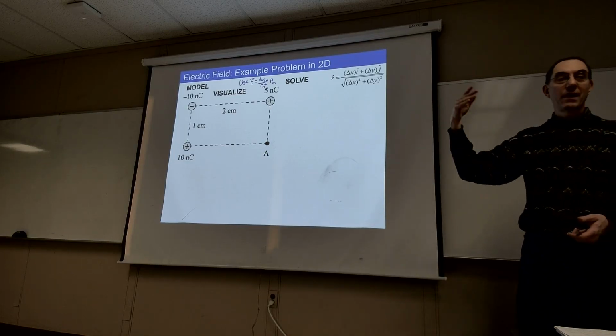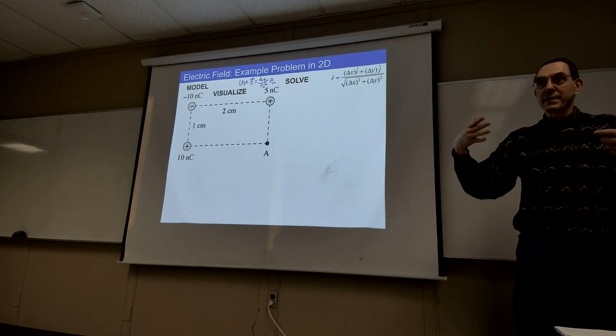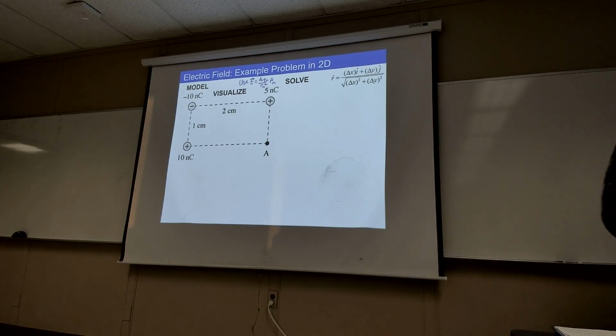So now, the problem doesn't say point charge, so we need to make that a simplifying assumption. So, let's model all the charges as point charges. If we model them as point charges, then we can go ahead and use this formula. Okay? Good to go.